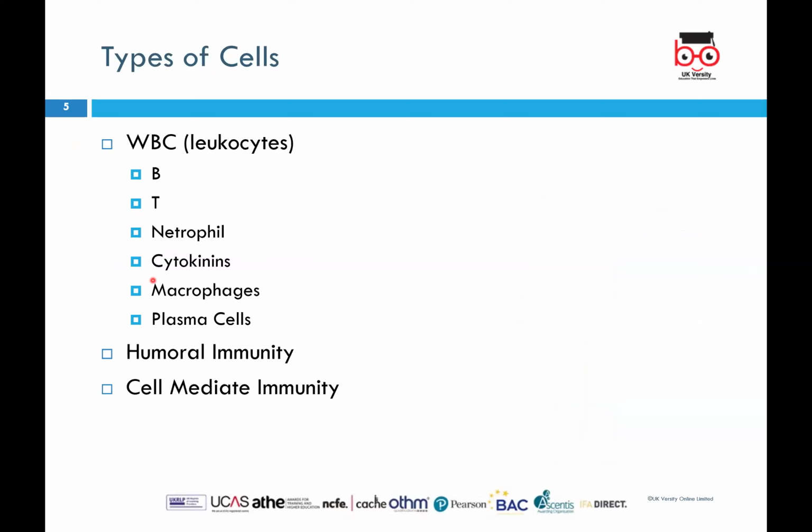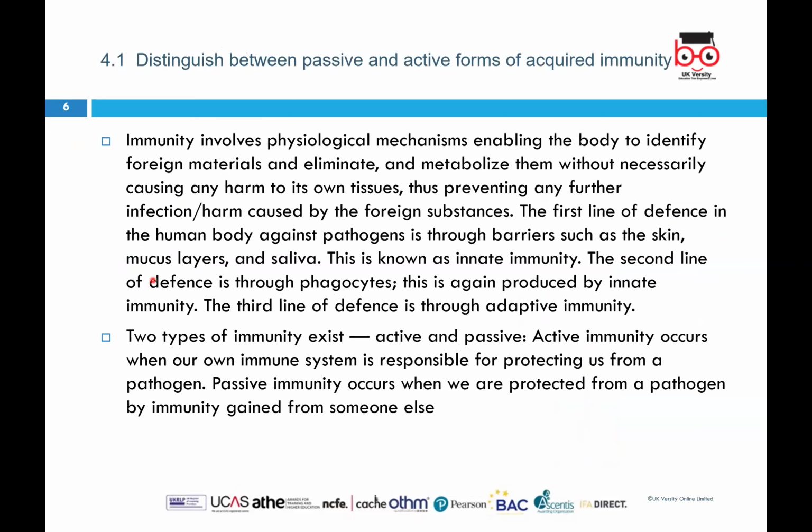And apart from this, we have the humoral immunity and the cell-mediated immunity. We had talked about the active forms, so that when an antigen, such as an organism that has a poison attached to it, is recognized by the immune system of the body, certain cells are produced just to phagocytose or kill that foreign cell. That is known as active immunity, and that is a part of our innate immunity.